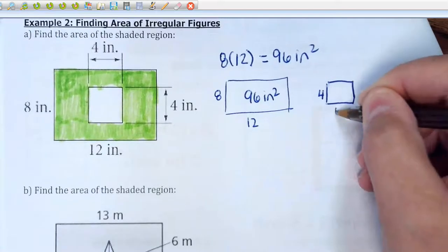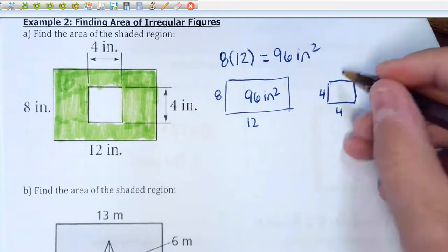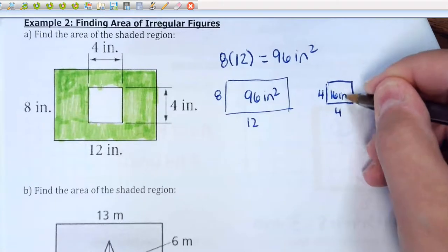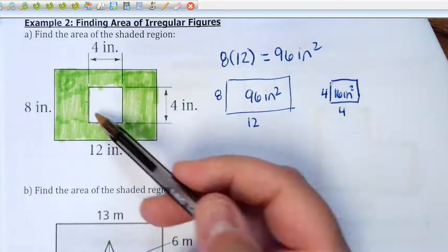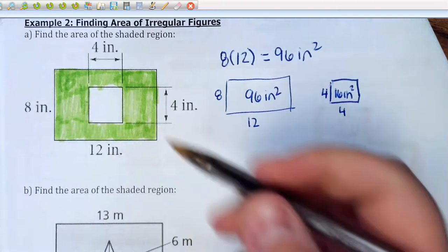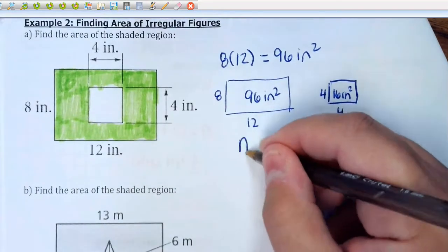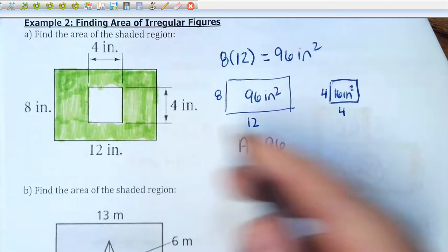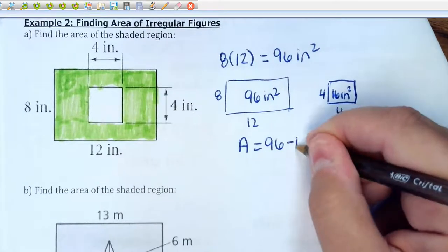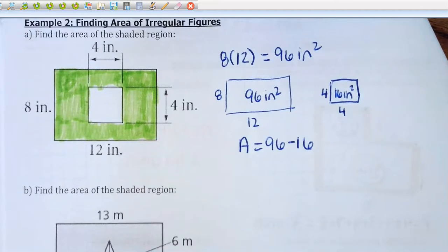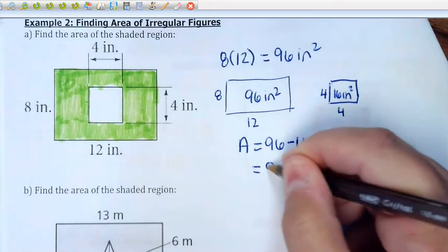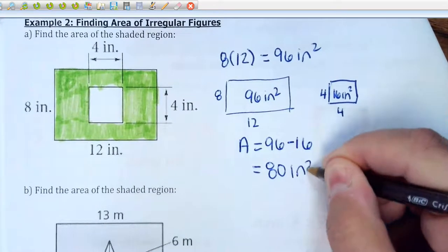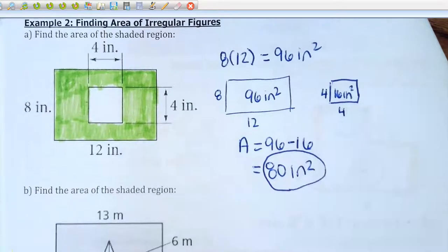All those sides would be the same. So this would be 16 inches squared for the area of that part that's not shaded. So if I want just the shaded part, we can take the area of the whole thing, the 96, and then subtract out that little square in the middle that's not shaded. So I found the area of each of those. And then my leftover is going to be the area of the shaded region, which is 80.